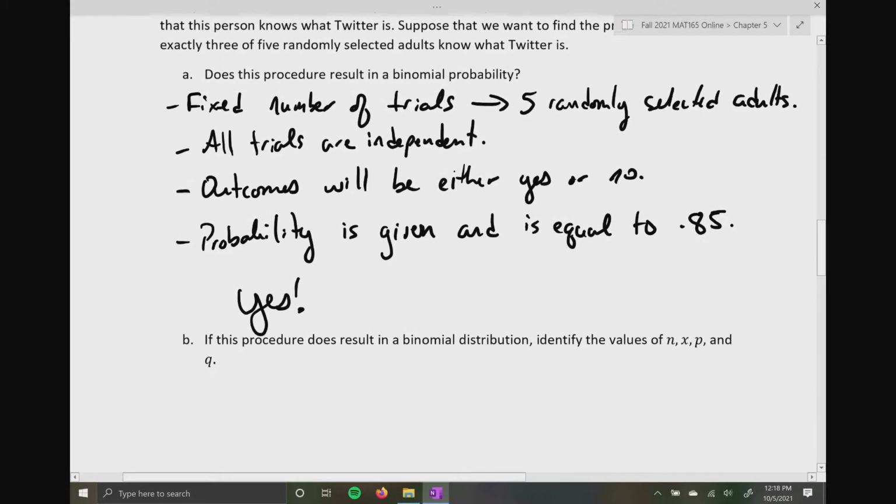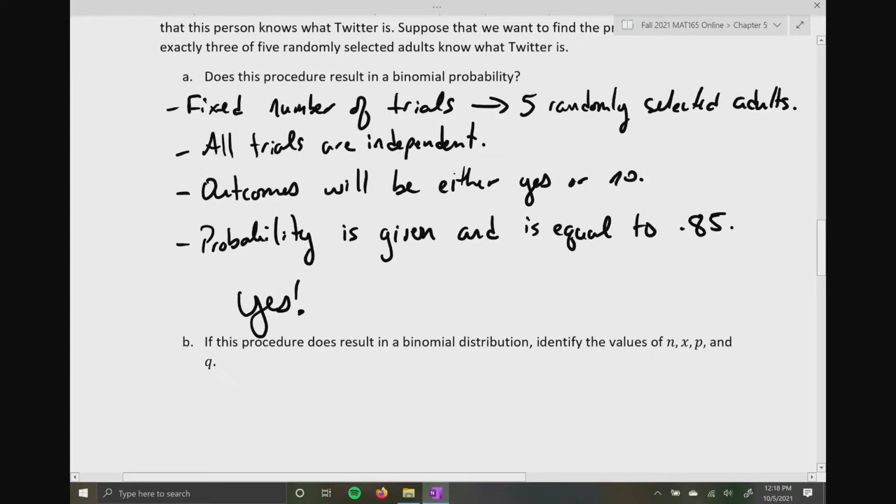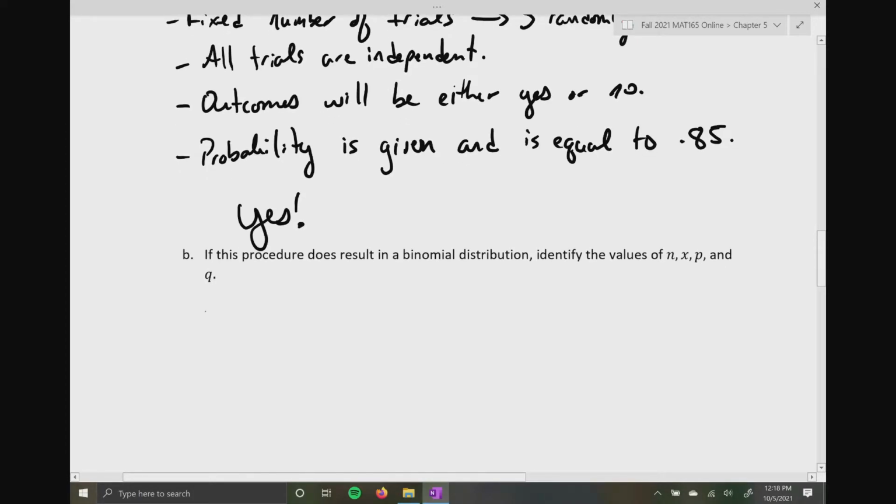So if this procedure does result in a binomial distribution, which it does, identify the values of n, x, p, and q. Okay? So n is going to equal 5 because we have 5 adults. X will equal 3 because we are looking for exactly 3 of them.